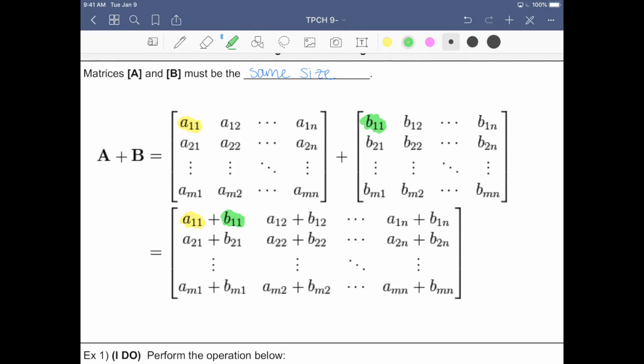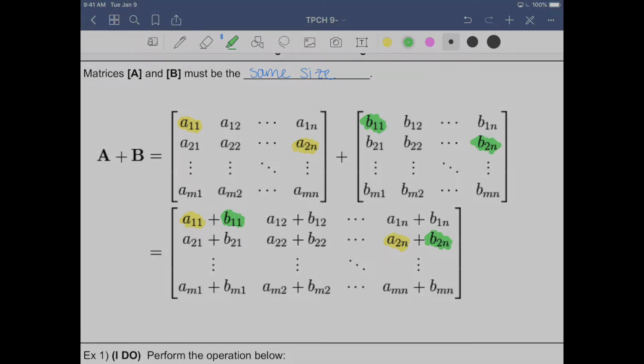When I add the two matrices, I just add those together. So here, I'll pick another one. I would add these two together because they're in the same position. So I just take whatever elements are there and I add them or subtract them. They work the same. And that's it.